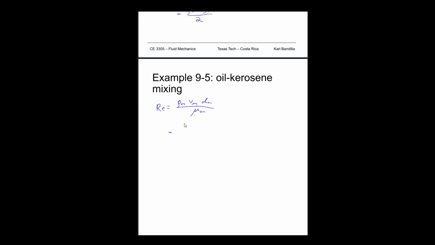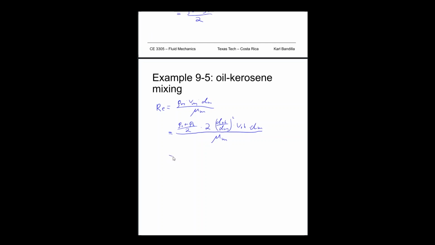All right, so that means we can plug in all that stuff that we had. So rho m, that we just found, was rho oil plus rho kerosene divided by 2. That's our first one. Then we have our velocity, which was 2 times DOK over dm squared times VOK. And that was our Vm, so we just have to multiply this by dm. And then we divide by mu m, which is given to us, so we don't have to change anything there.